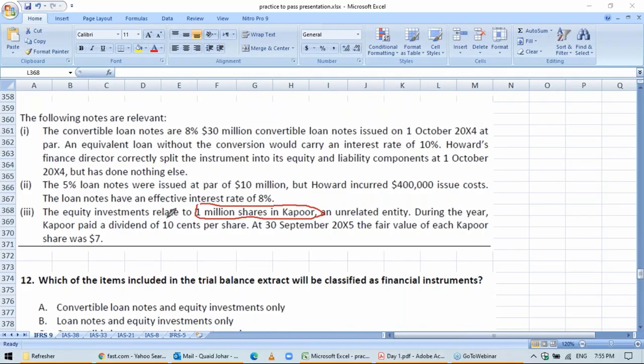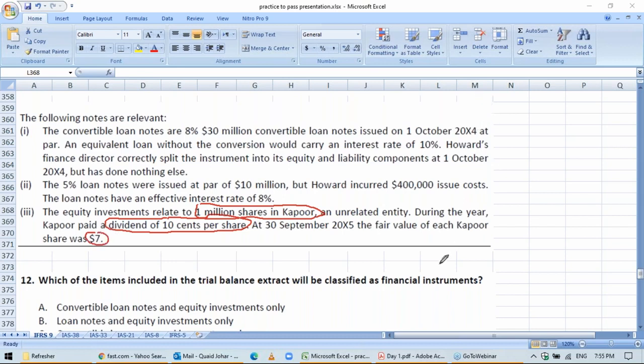And they have received a dividend of 10 cents per share. So 1 million multiplied by 10 cents means 100,000 or 0.1 million, right? And the fair value of the Kapoor share is now $7, right?